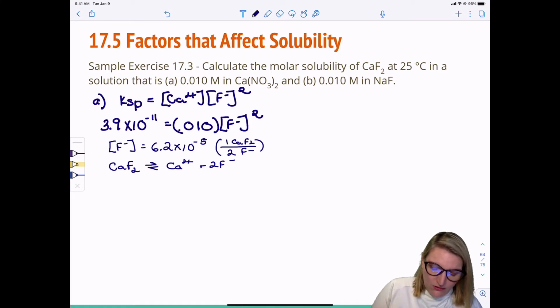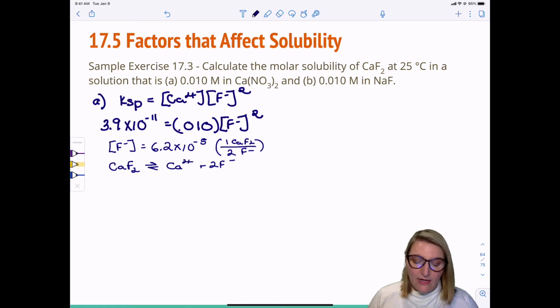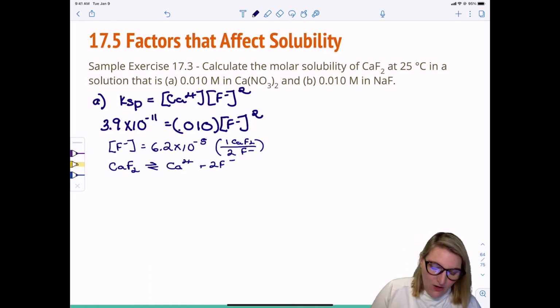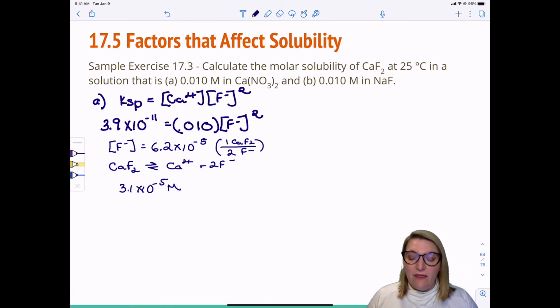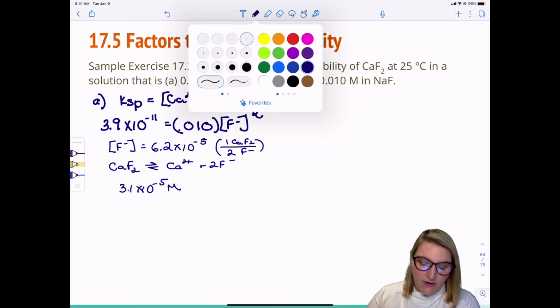So the molar solubility of calcium fluoride in a solution that is already 0.010 molar in calcium would be 3.1 times 10 to the negative 5 molarity. And that is less than the original molar solubility of calcium fluoride, that 2.13 times 10 to the negative 4 number.